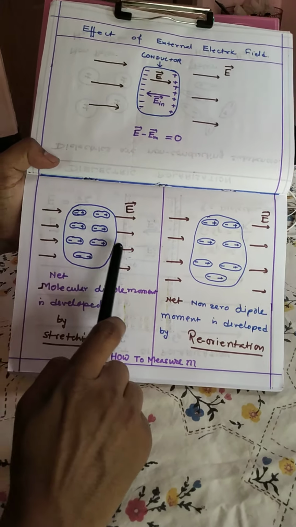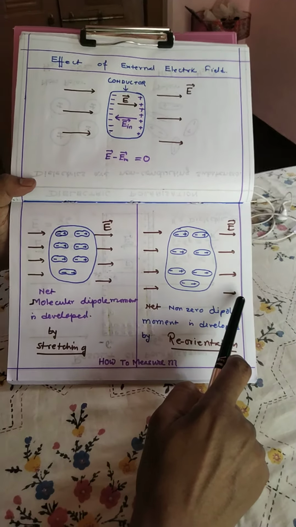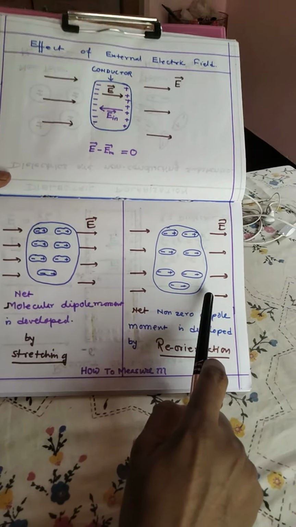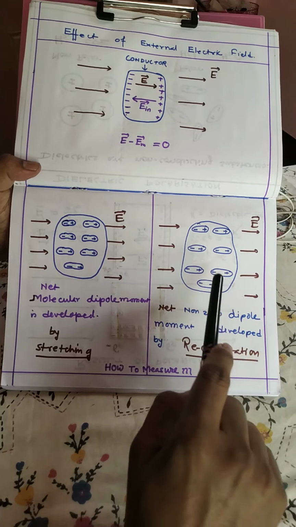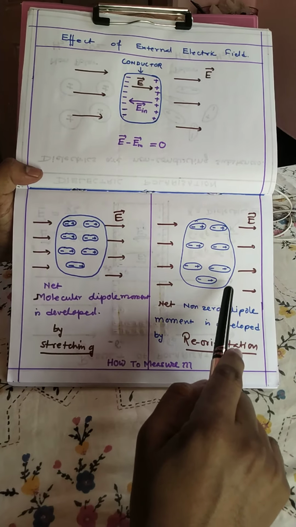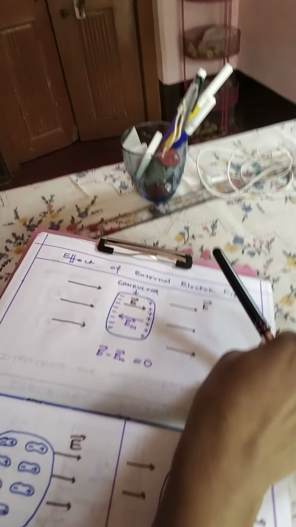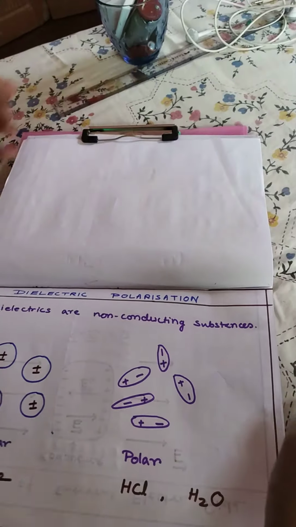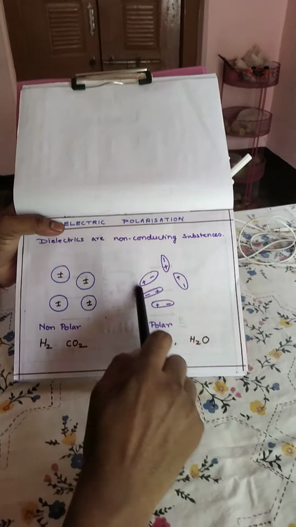In case of polar dielectrics, what happens? Due to thermal agitation, they will be at random in all directions, like this. Let me show you. This will be like this in all directions.